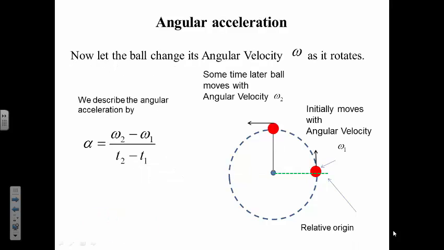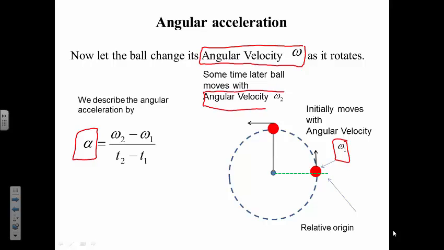Now, just like before, we have angular velocity. Well, there's a rate at which you can change your angular velocity, and that's called angular acceleration. Angular acceleration gets the label alpha. Alpha would be like if you were at this point and had some omega 1, and at some later point you have an omega 2.